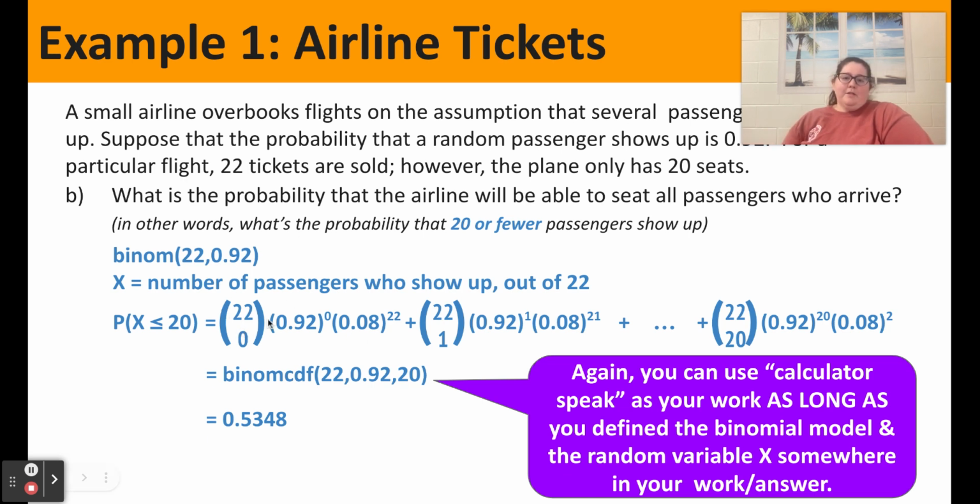There's a formula for 0, a formula for 1, plus dot, dot, dot, all the way up to the formula for 20. That would be the work you would have to show in order to get full credit. You can write binom CDF, that calculator speak, as your work as long as you've defined things up here. I'm giving you options, just keep that in mind.